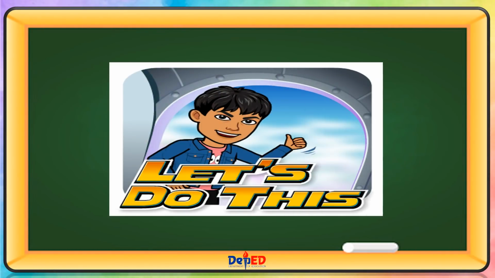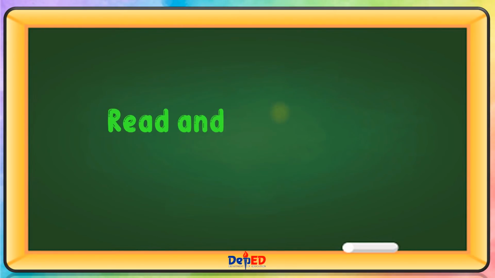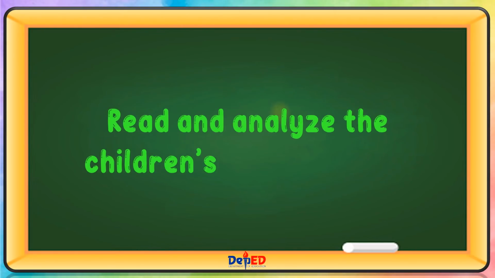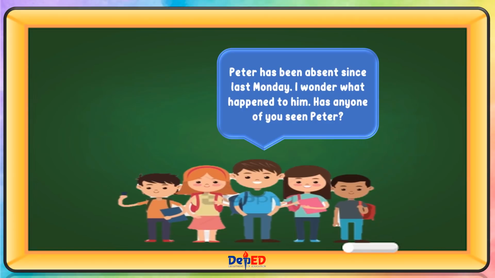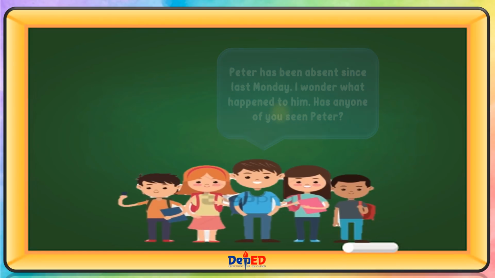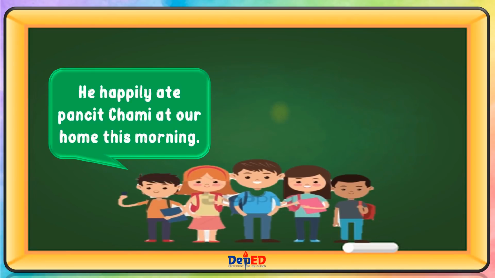Let's do this. Read and analyze the children's conversation. Peter has been absent since last Monday. I wonder what happened to him. Has any one of you seen Peter? He happily ate pancit chami at our home this morning.